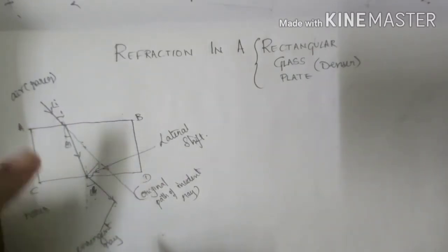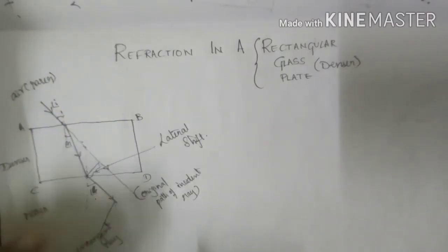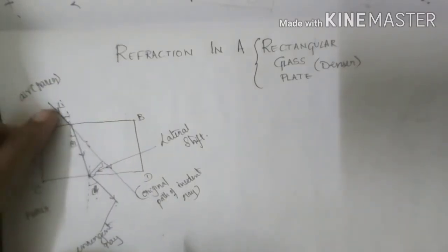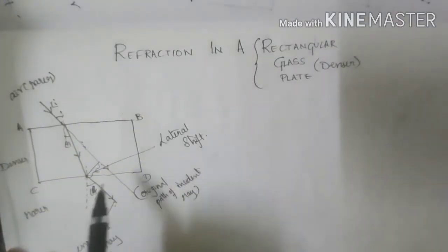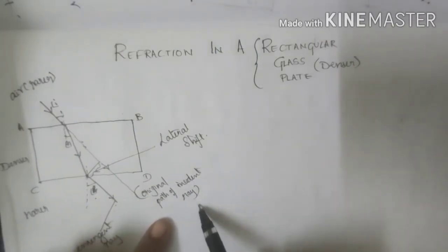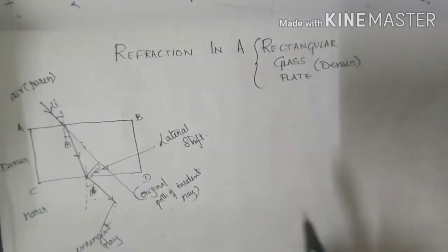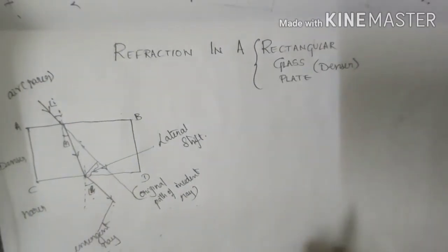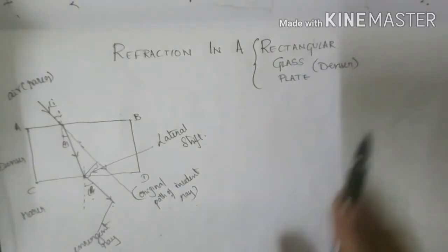So the emergent ray is because of the two refractions, whereas the incident ray, if there is no glass, this will be your original path. Now lateral shift is nothing but the distance between the emergent ray and the original path of the incident ray that is supposed to be taken by the ray from here.